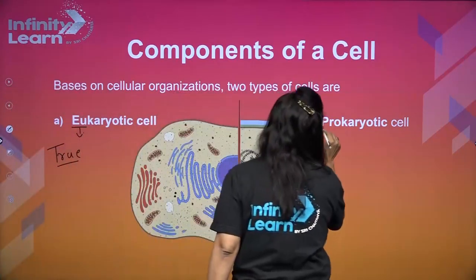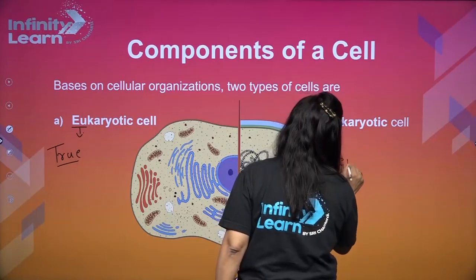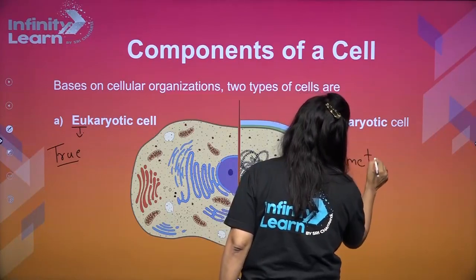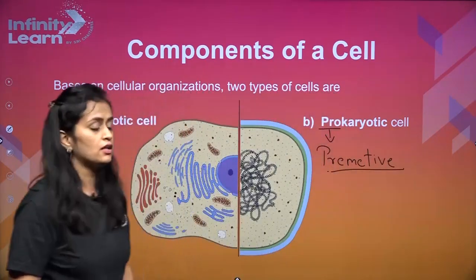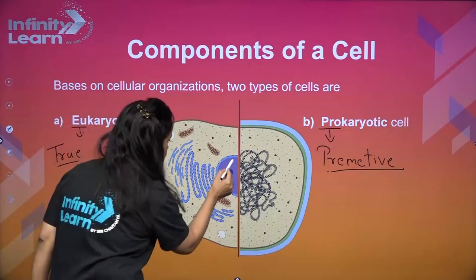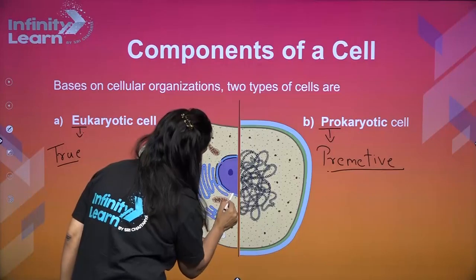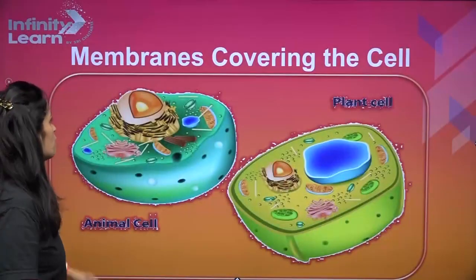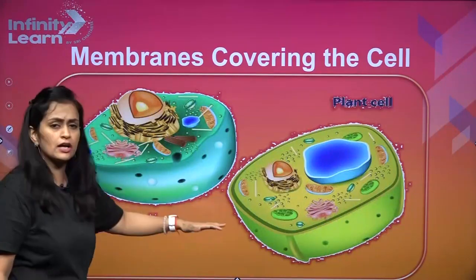Similar way, in case of pro, remember that means primitive. It means primitive type of cell, where you have nucleoid, and here you can see nicely the double membrane structure of nucleus which contains a DNA, right? So membranes which are covering the cells are different in different kinds of cells.